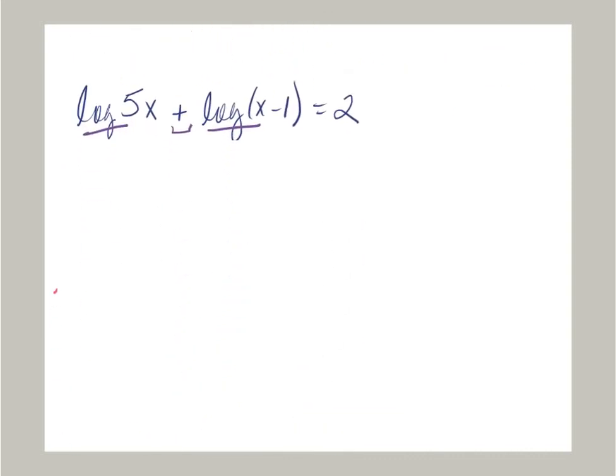Okay, let's look at this guy. Here's where our condensing rules come in really handy. This addition of 2 common logs means that I can condense the left-hand side of this equation before I even begin to solve. I can say that this is log of, and addition yields multiplication.